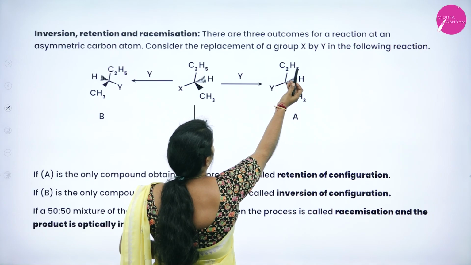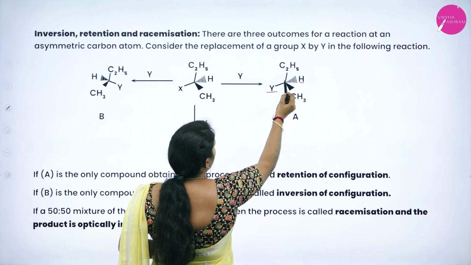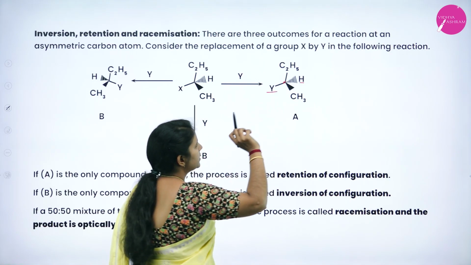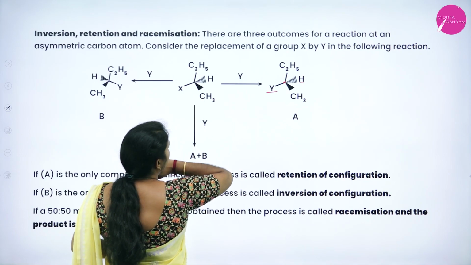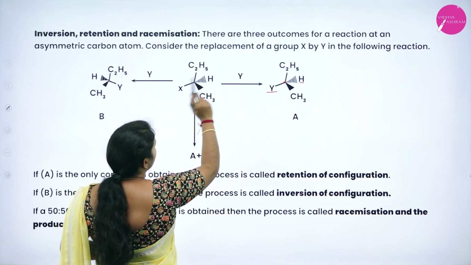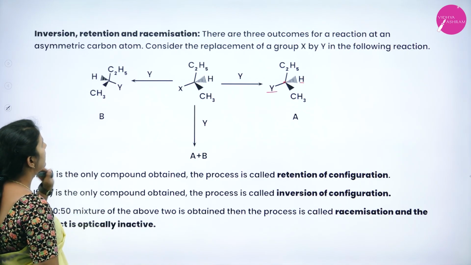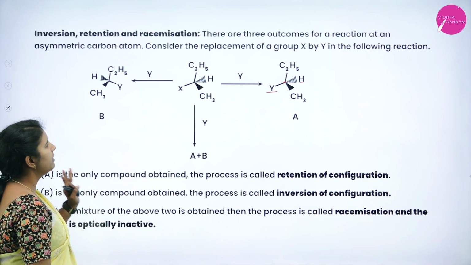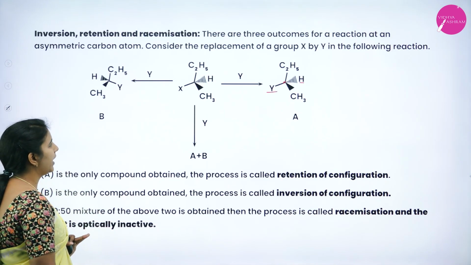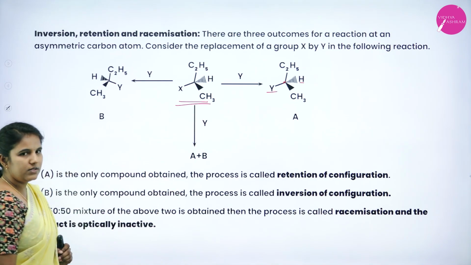So this is C2H5, CH3, H and X. So this is a carbon atom which has four different substituent groups, right? So if you react it with Y, what will happen? You'll get a product B, and if it reacts again, you'll get this product. So both together are known as what?